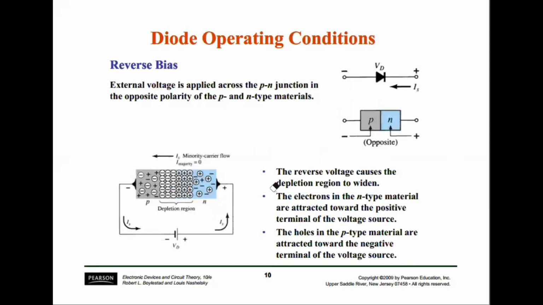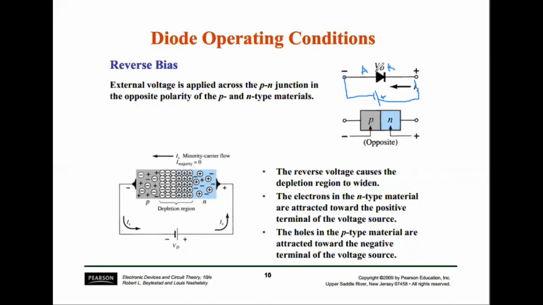In reverse biasing, you apply the negative terminal here and connect the positive terminal here. The positive terminal is connected with the cathode, and the negative terminal is connected with the anode.